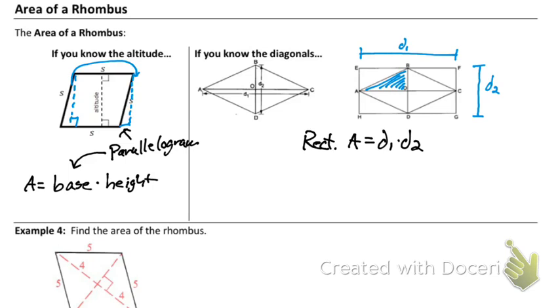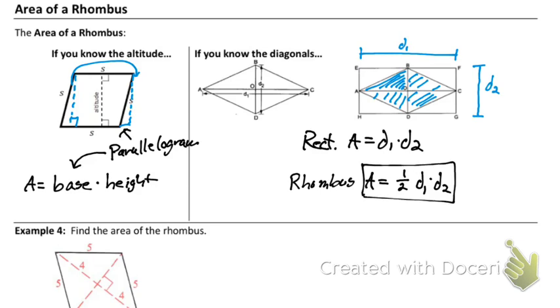How much is this one? How about this one? So I'm doing half of each of these little tiny rectangles, which means our rhombus is half the size of that rectangle. So the rhombus area is going to equal 1/2 the rectangle, or 1/2 diagonal 1 times diagonal 2.